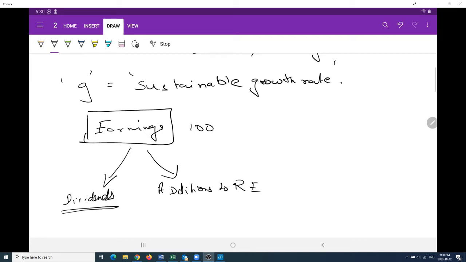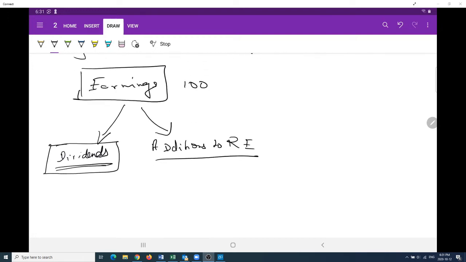So anything which is paid out as dividends is not really going back to the firm and goes to the shareholder. So the dividend payments cannot be used to grow the firm's earnings in the future. Whereas the addition to retained earnings, whatever you put back into the firm, can be invested in some sort of an asset which could gain more return, right? So this addition to retained earnings will earn some sort of return.